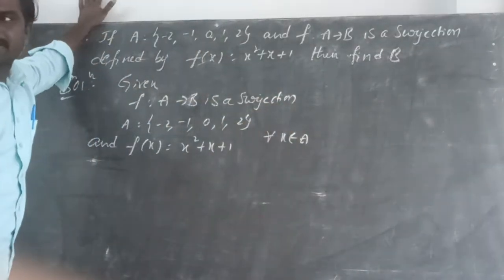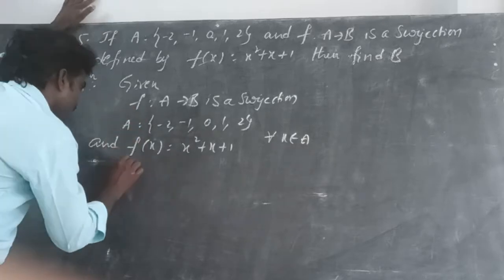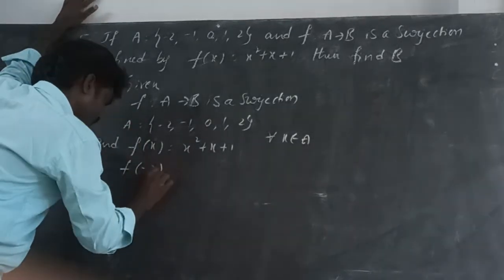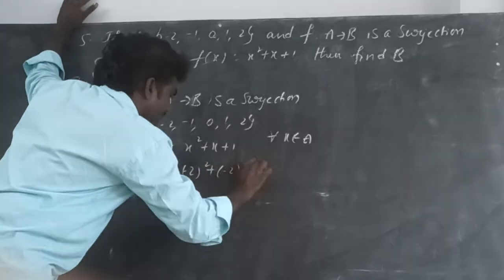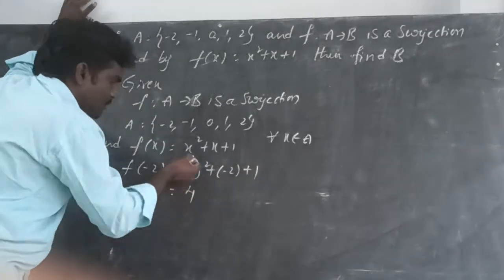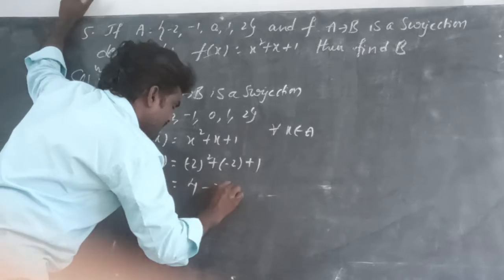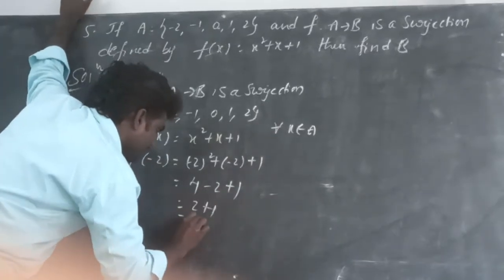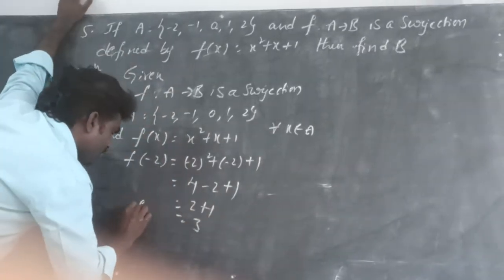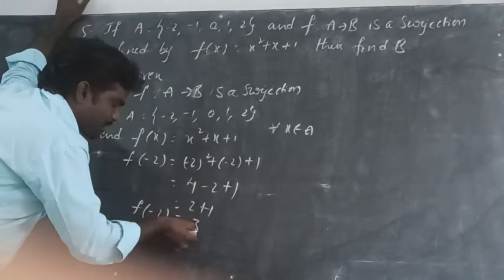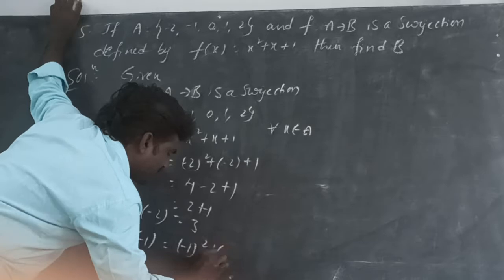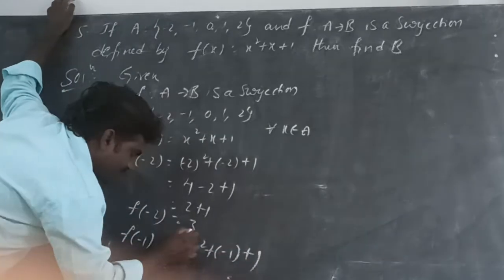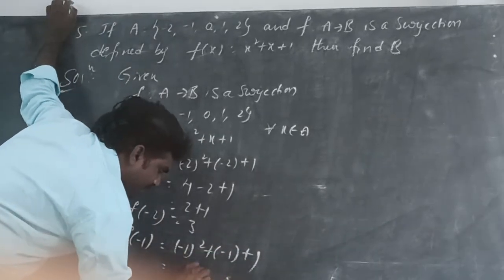Okay, domain. Okay, so that is f of minus 2, minus 2 whole square plus minus 2 plus 1. That is 4 minus 2 plus 1, 2 plus 1. That is equal to 3. Okay, f of minus 2 mapping element is what? 3. Next f of minus 1, minus 1 whole square plus minus 1 plus 1. So minus 1 whole square is 1, plus minus 1 plus 1.